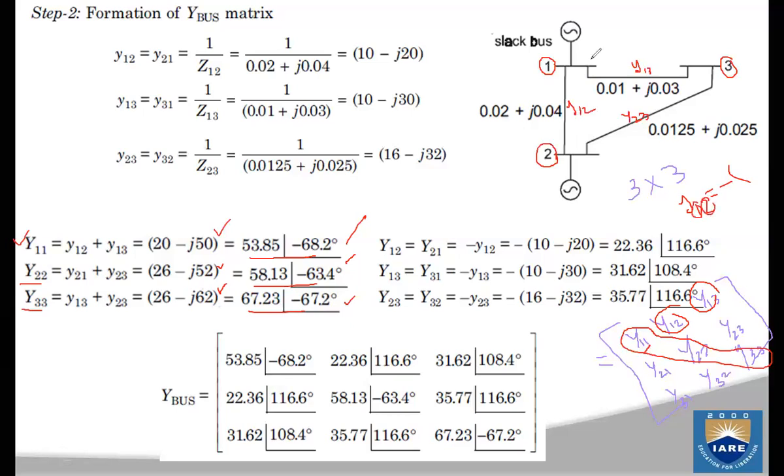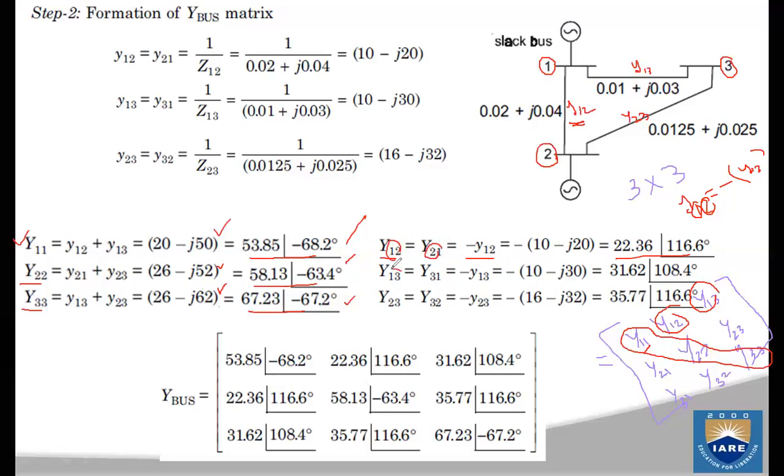Between buses 1 and 2 there is only one transmission line, having admittance y12. So Y12 is equal to minus small y12, which is minus of 10 minus j20. If you convert it into polar form, you will get this value. Y12 and Y21 are the same, as the Y bus is a symmetric matrix.